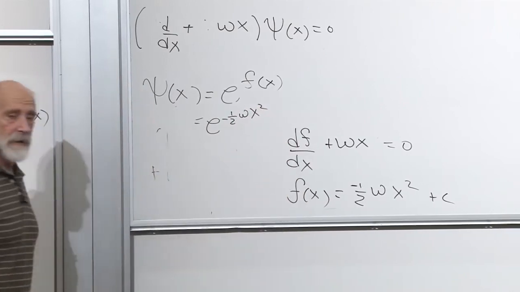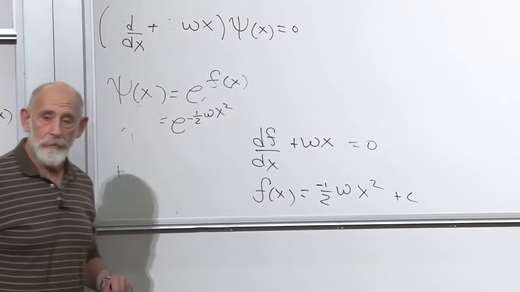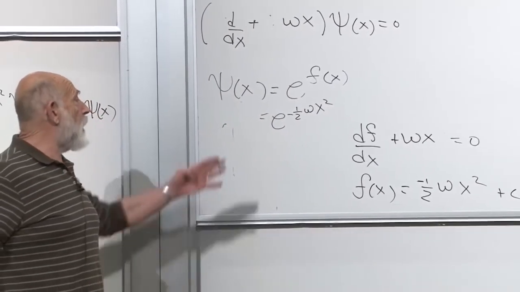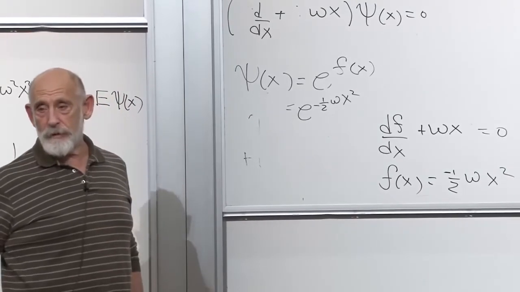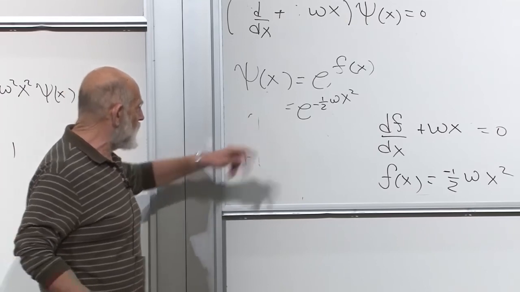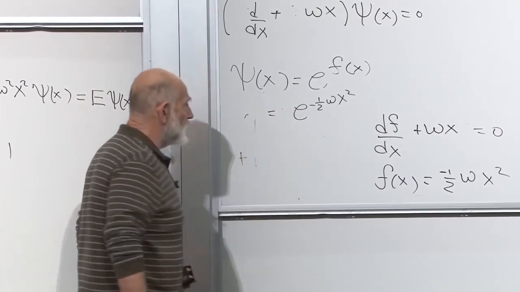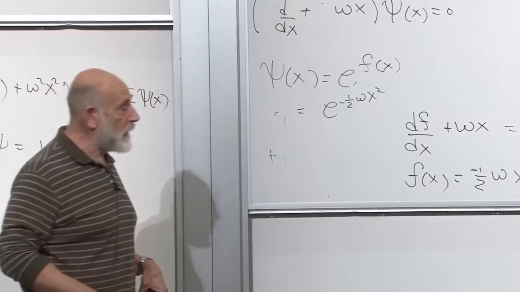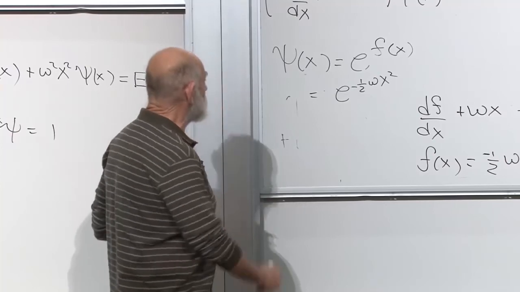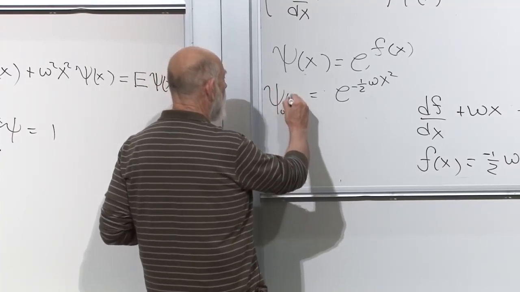What about the constant? Well, we can add it in, but that just puts a numerical constant in front of the exponential. Since I haven't bothered worrying too much about normalizing it, I'm not going to bother with the constant. Numerical constant out in front is there. It's got an omega, got a 1/square root of omega in it, but it's not terribly interesting for our purposes. This is psi naught of x.